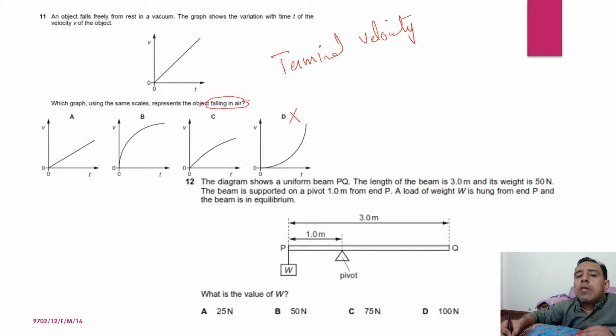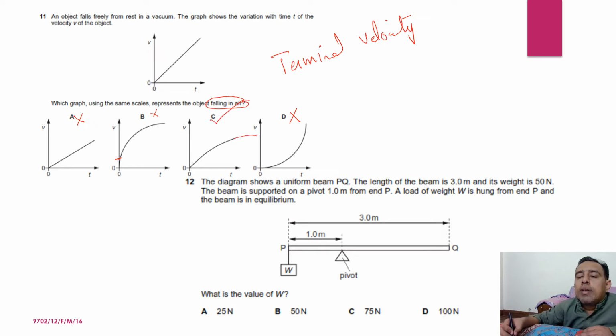So this is wrong, this is wrong, but we have the confusion between B and C. B is wrong as well because in the beginning there is some velocity, but the time is still zero. It's not possible. So this is actually the graph of the terminal velocity. Look at here, the velocity is increasing with the decreasing gradient, and at the last it will become constant. So this is the correct answer.